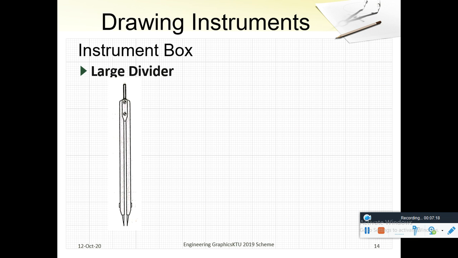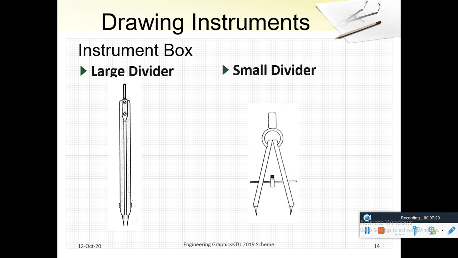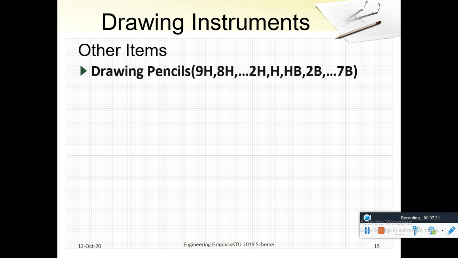Similarly, large divider and small divider are used to measure any distances on the drawing. Drawing pencil is another important item. It is graded from 9H to 7B.